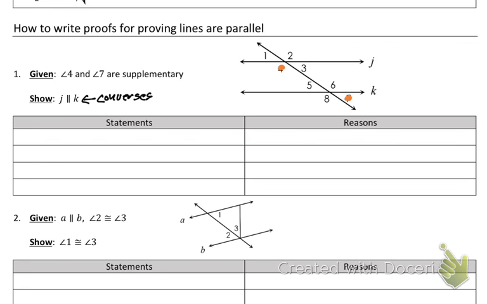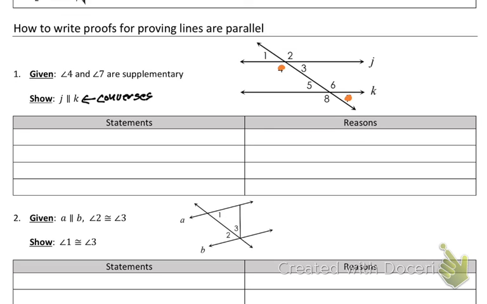We have our corresponding angle postulate converse that says if corresponding angles are congruent, then the lines are parallel. And our final one is same side interior angle converse that says if same side interior angles are supplementary, then you have parallel lines. Are 4 and 7 same side interior angles, corresponding, or no?